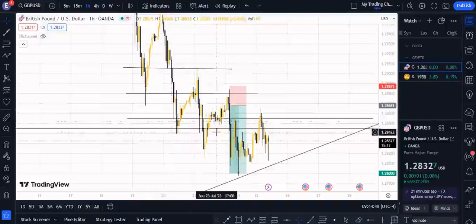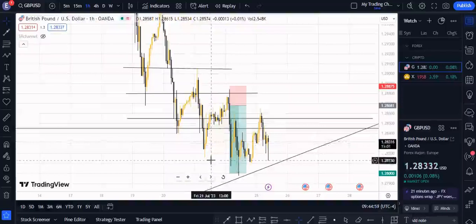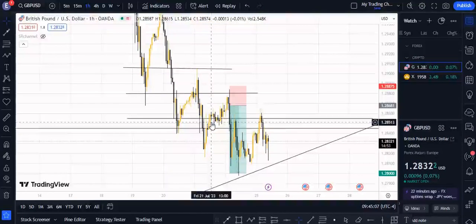Now when the market turned back, coming down to this area right here, then what does the market do? It creates multiple candles right at this area, not giving us a clear entry for this trade.